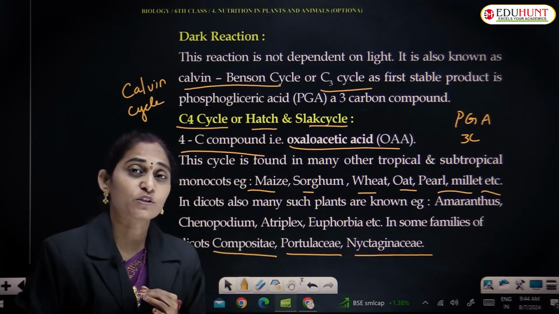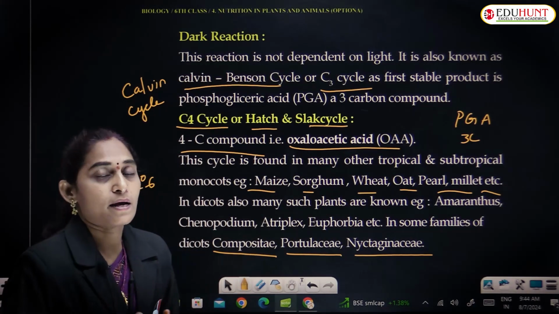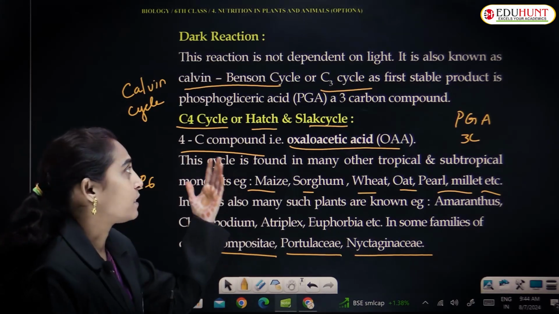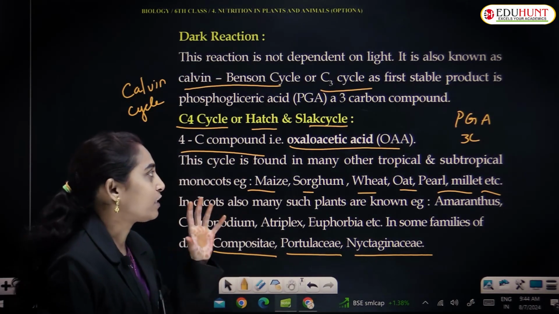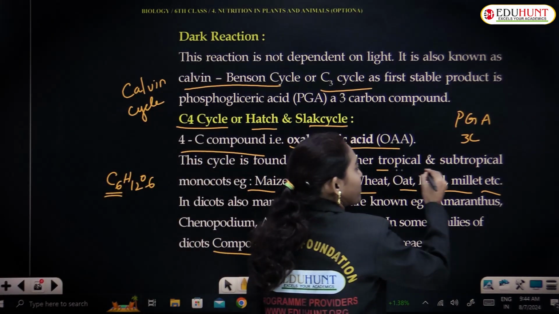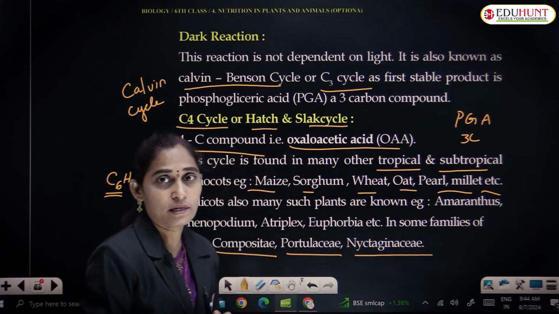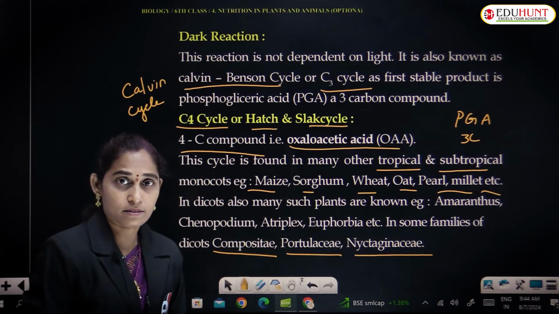The plants that show this pathway are known as C4 plants, and the plants that show the C3 cycle are known as C3 plants. C4 plants live especially in tropical and subtropical regions where temperatures are high. They can withstand water scarcity.